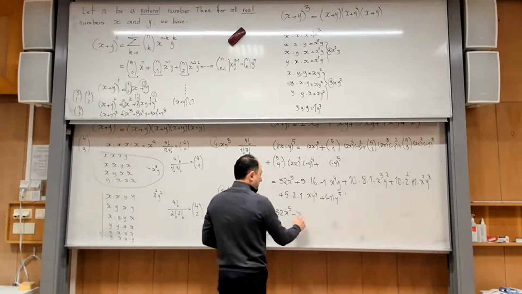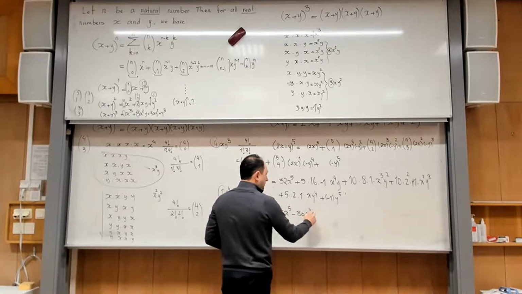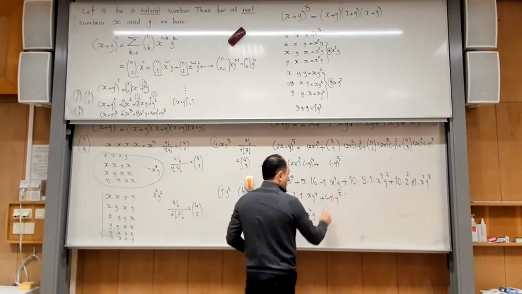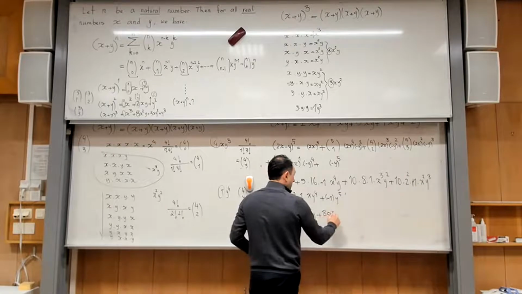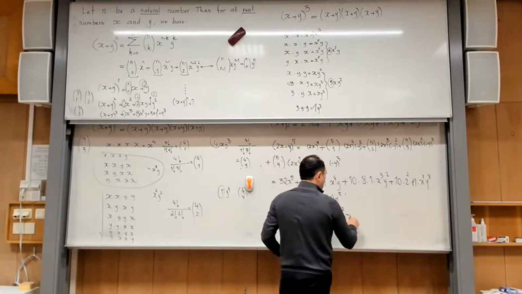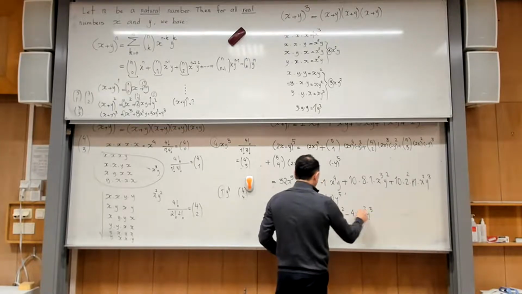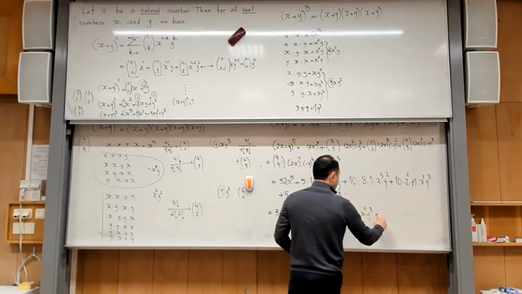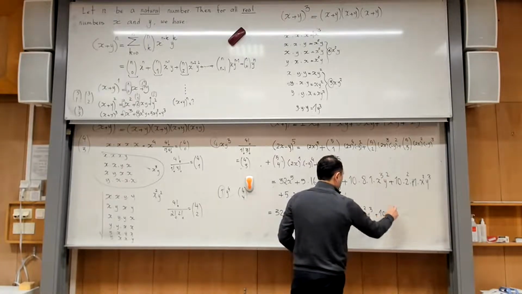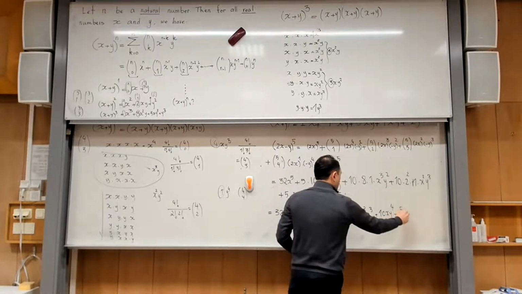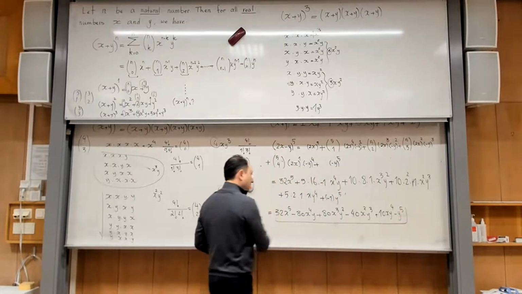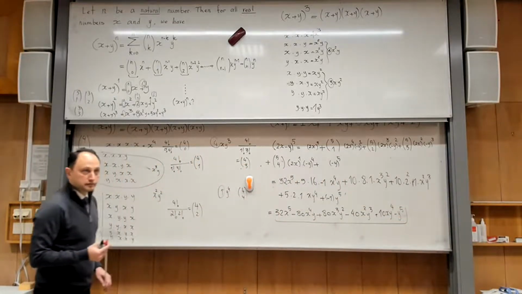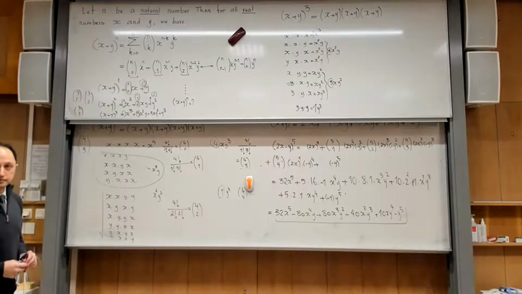This becomes minus 80x to the power of 4 y. This becomes positive 80x to the power of 3 y squared. And then this becomes minus 40x squared y cubed. And then this becomes 10xy to the 4 and minus y to the 5. So the final answer is this one. Yes, is that clear?